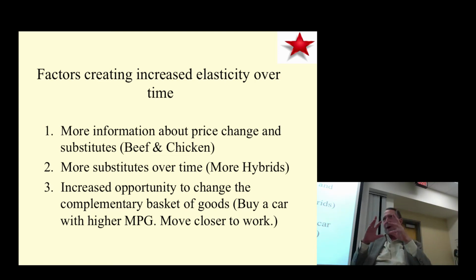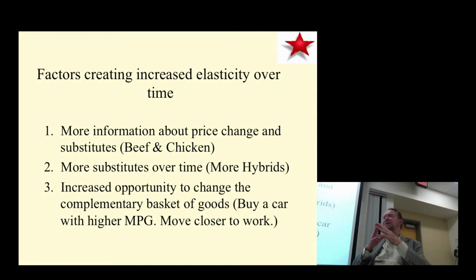But when that price change happened, there was a big increased demand for alternative forms of transportation. And that was the beginning of the investment in the hybrid concept of the combination of electric motors and gas motors. Initially, the hybrids were horrible because the electric engines were so bad that they didn't have any power at all. And so they weren't a close substitute.